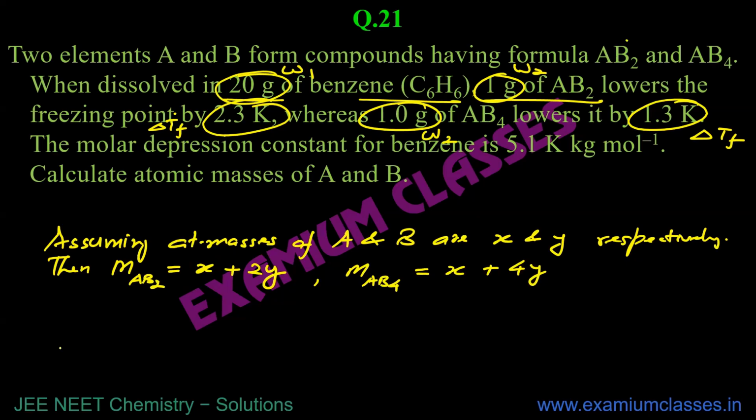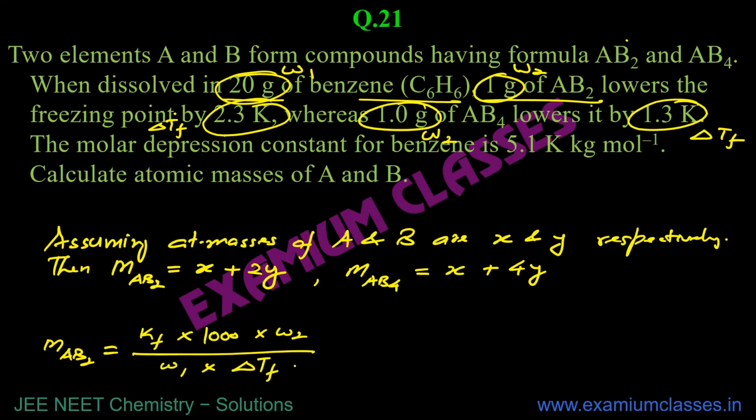So I will write M of AB2, that will remain at the top. KF will remain at the top, 1000 will be there, W2 will be there, and here W1 will be there. But here delta TF. I have just rearranged. You can use this formula directly. Otherwise, you have delta TF here, and M you have here. So I have just interchanged it.